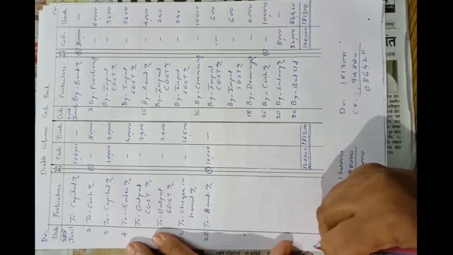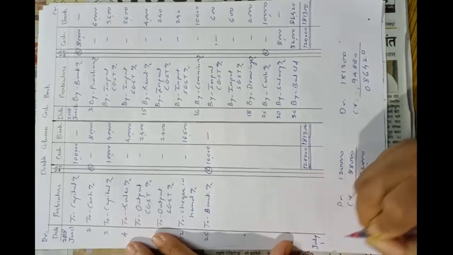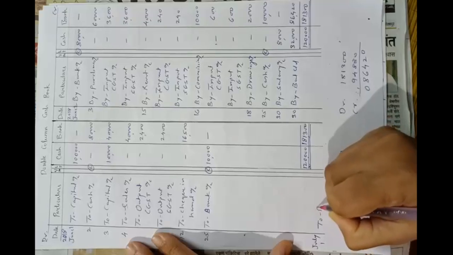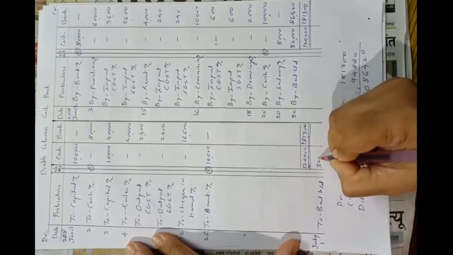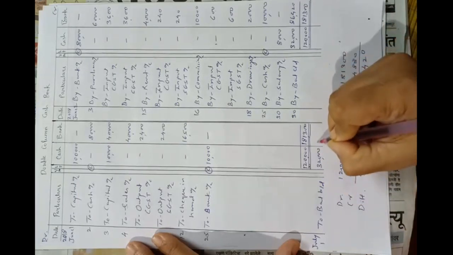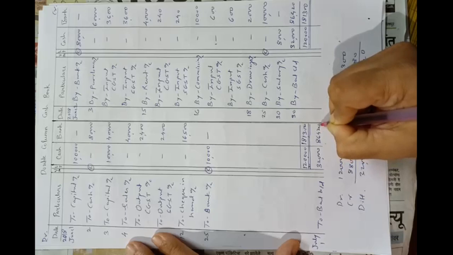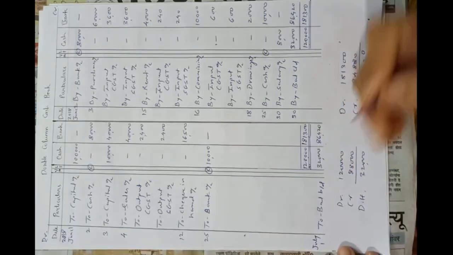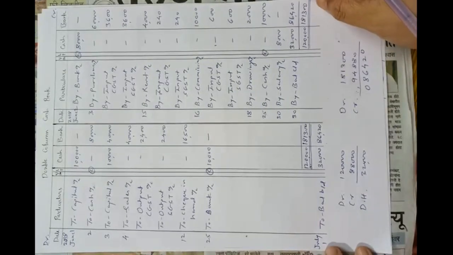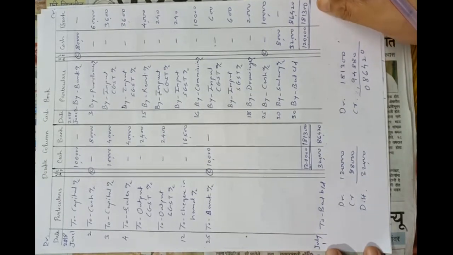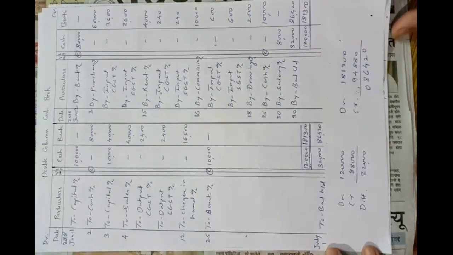After June, it is July 1st. To balance brought down, 32,000 cash balance, 86,420 bank balance. In this way, they will start entering the transactions in the month of July in this double column cash book. Okay.